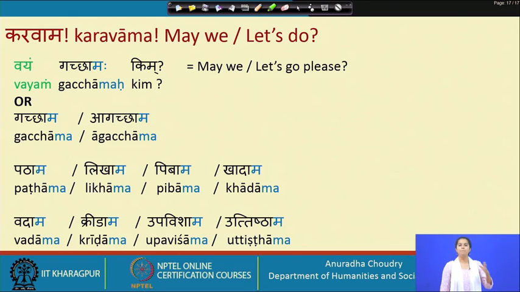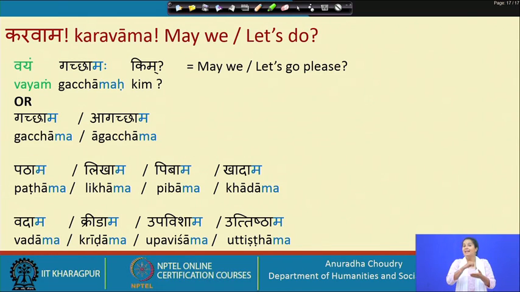So gacchamaha of the present tense becomes gacchama, where there is no aspirate or the visarga sound at the end. So in that change it becomes let's do something. Gacchamaha becomes gacchama. Agacchamaha, agacchama. Uttamam.